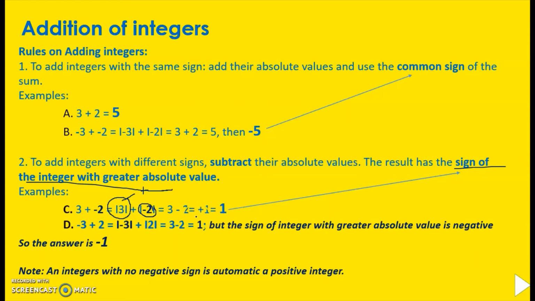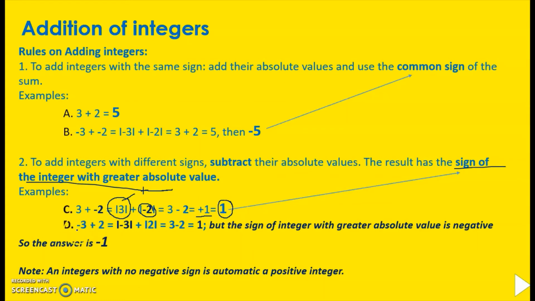So the answer is positive 1. Take note that positive 1 can be rewritten as 1 only because an integer with no negative sign is automatically a positive integer.